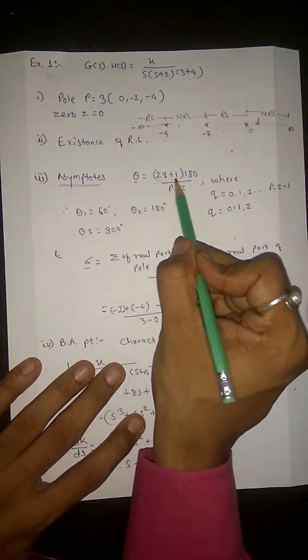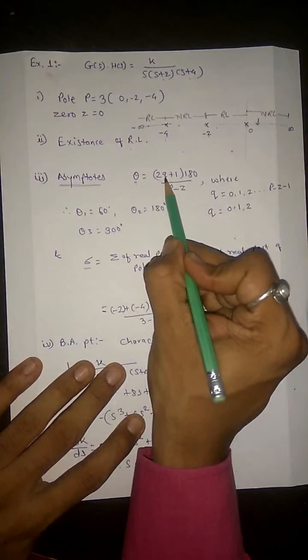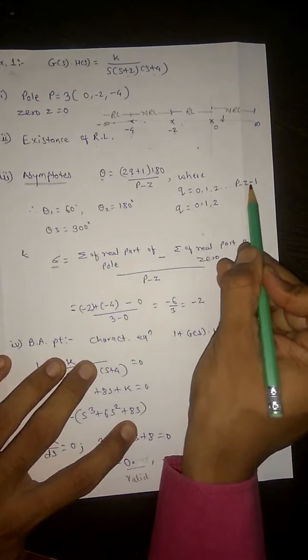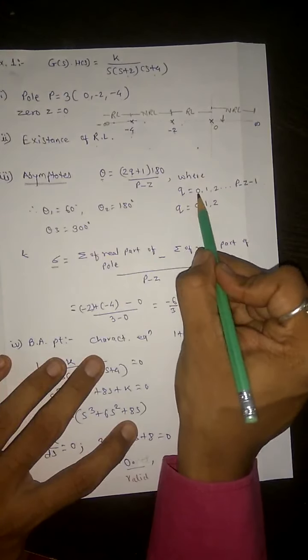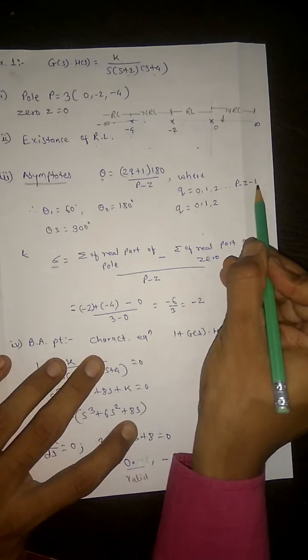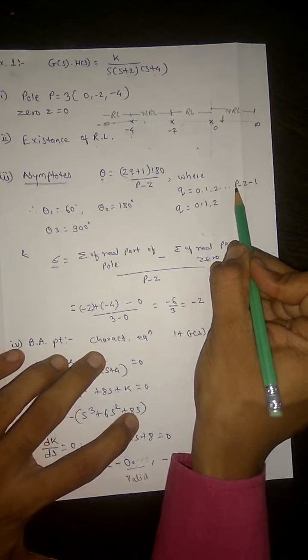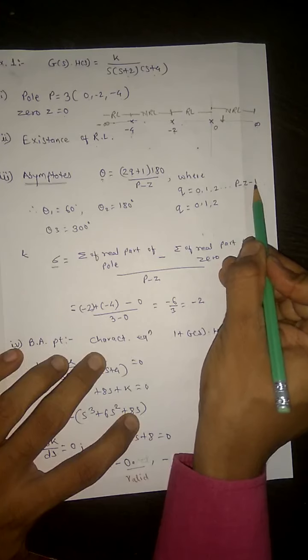The angle is (2q+1) times 180 divided by (P minus Z), where q is 0, 1, 2 up to P minus Z minus 1. The value of q starts from 0 and ends at P minus Z minus 1. Here P is 3 and Z is 0, so 3 minus 0 is 3, and 3 minus 1 is 2.